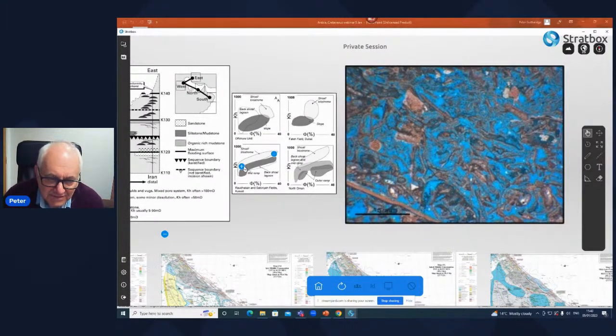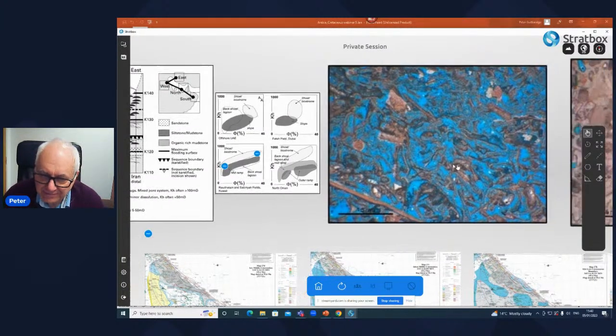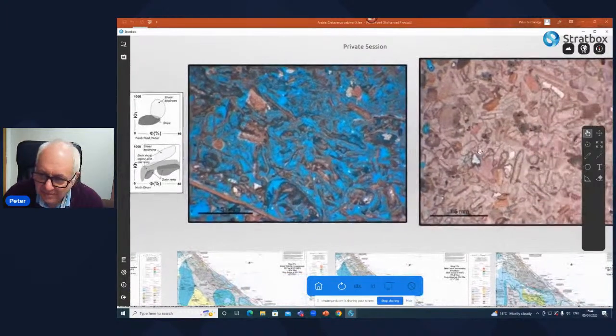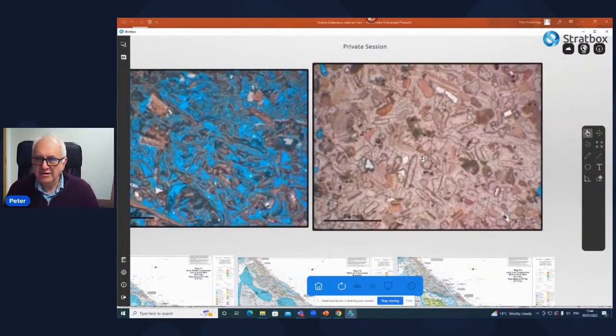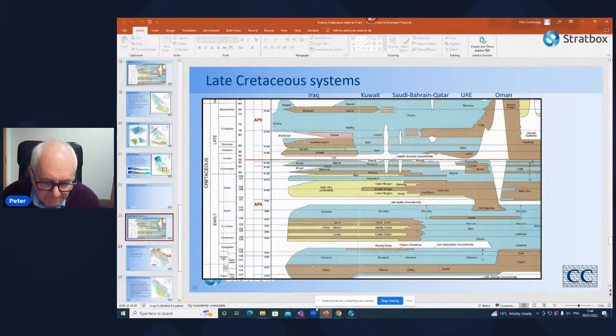And sometimes you get a recrystallization with the production of low porosity, low permeability limestones associated with meteoric water during exposure associated with the top Mishrif unconformity. Okay, I'll quit out of Stratbox again and go back into PowerPoint.